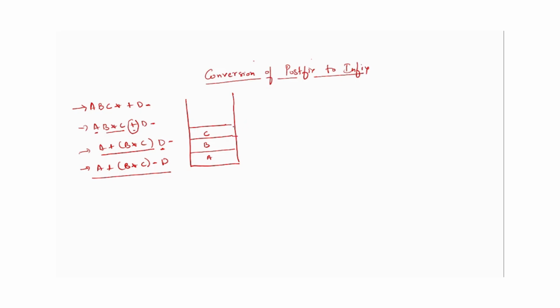Once I see an operator, I will pop the top of the stack, C. C would be operand 2, and I will pop B as well. B would be operand 1, and our operator would be star.